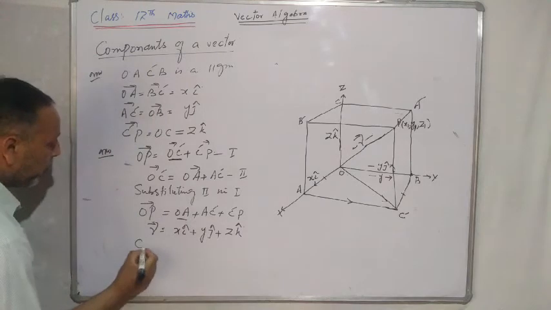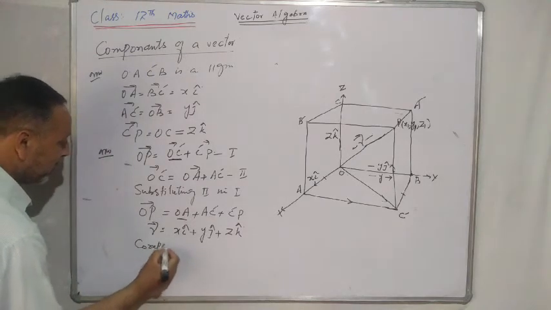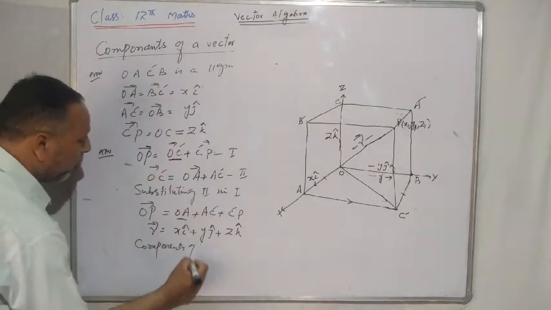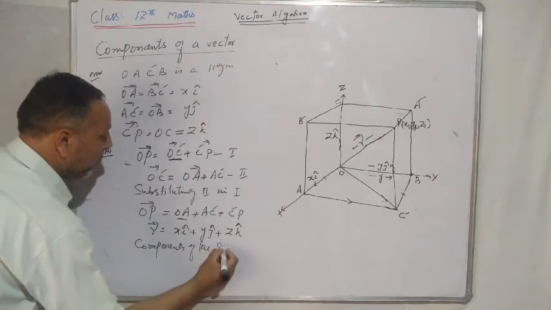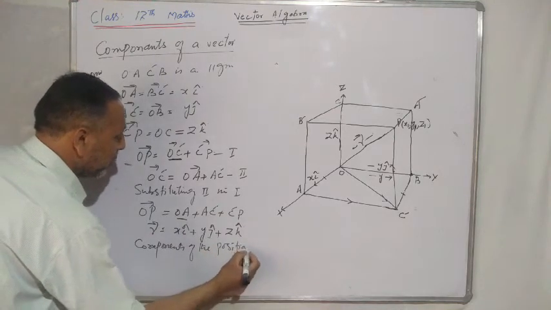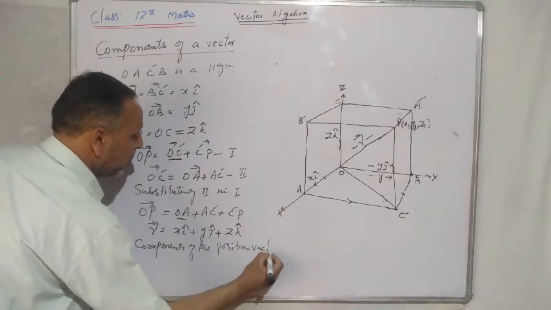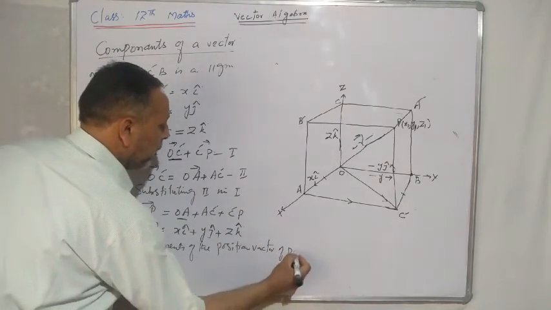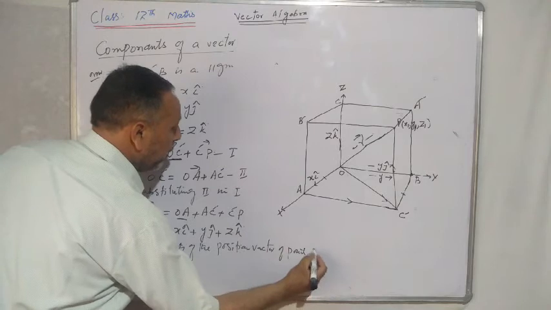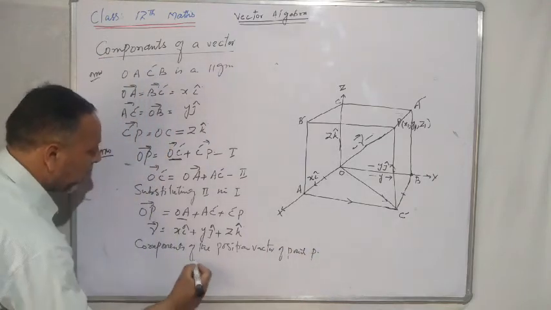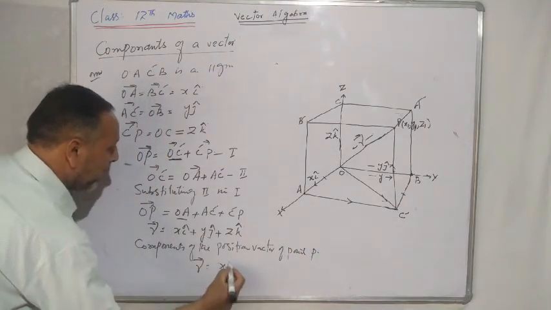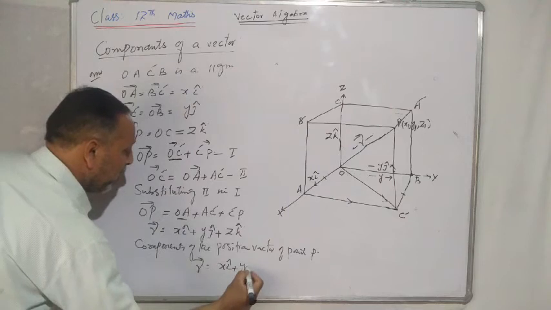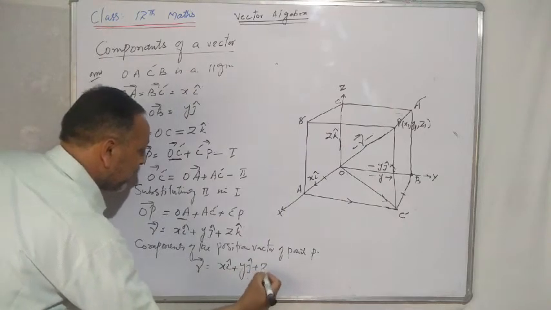Therefore, the components of the position vector of point P, that is vector R, is equal to xi cap plus yj cap plus zk cap.